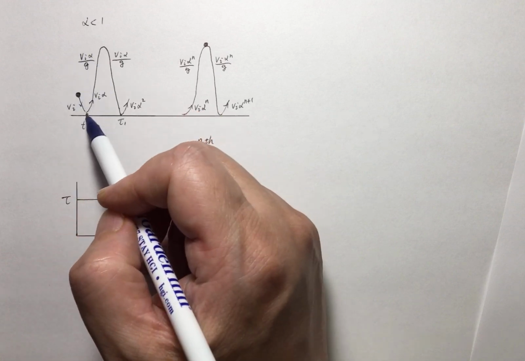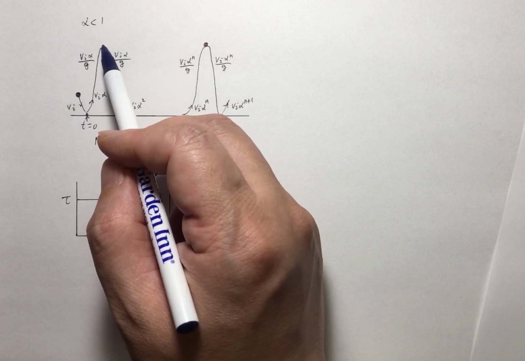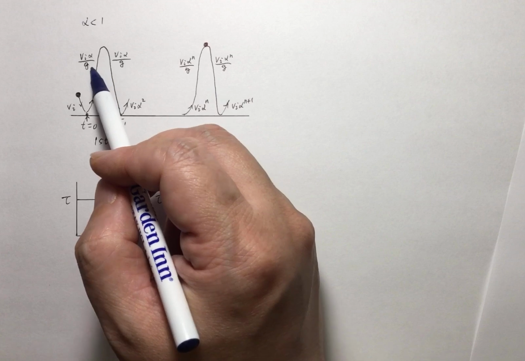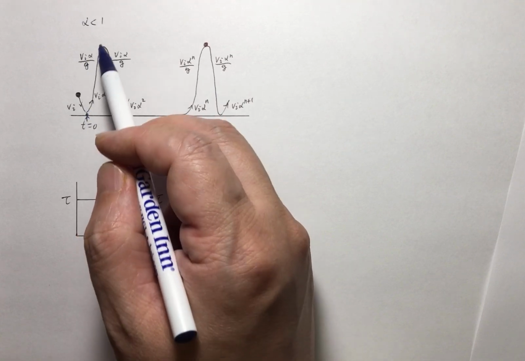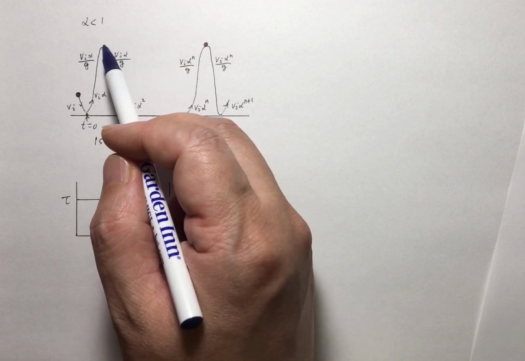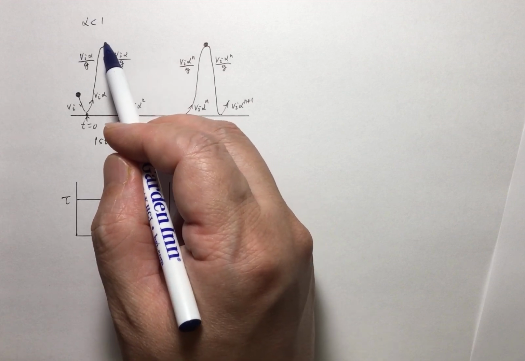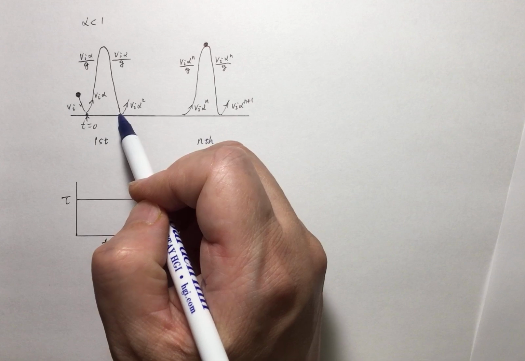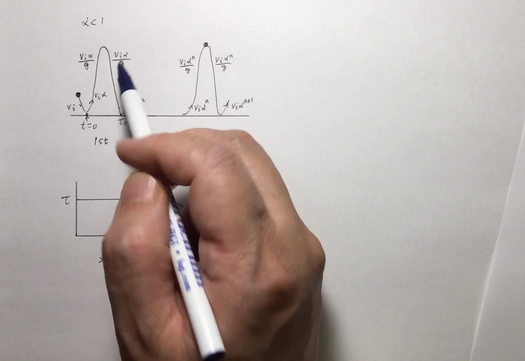The ball goes up to a maximum point and stops, and then it begins to go down again. The time from the ground to the highest point will be vi alpha over g. Then it will go down and do the second bouncing. The time from the highest point to the surface would be another vi alpha over g.